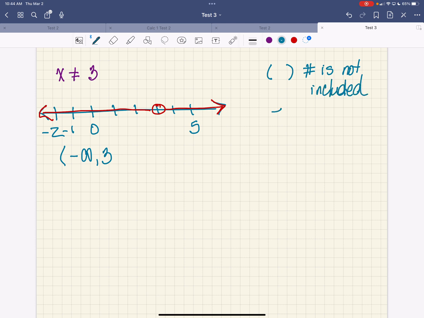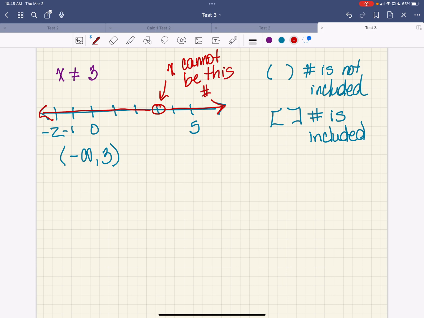Brackets. What do brackets mean? Number is included. So are we going to use parentheses or brackets at positive 3? Parentheses, because our number cannot be 3. x cannot be this number.